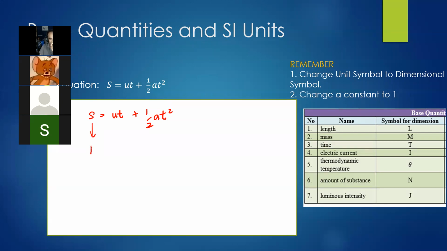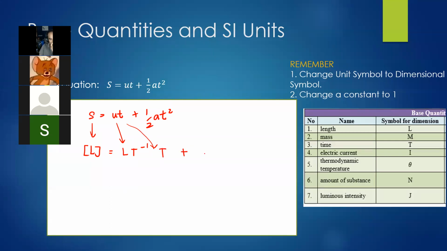L. Dimension of U? LT negative 1. And then T is T. So they cancel.